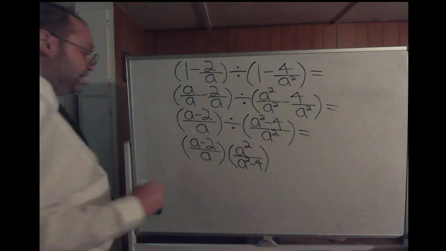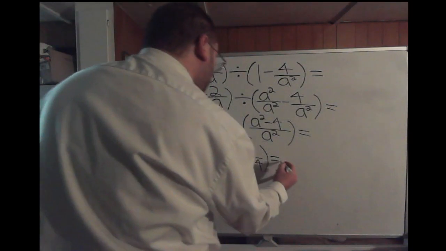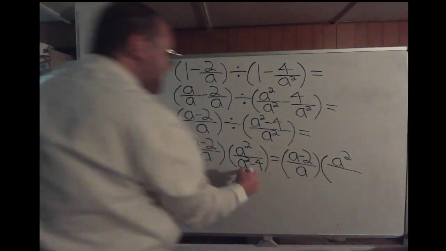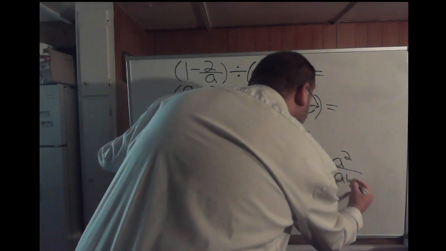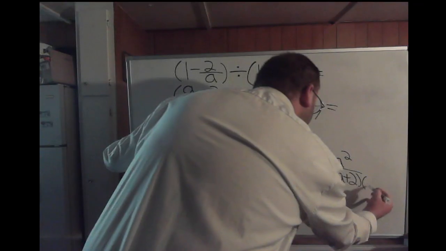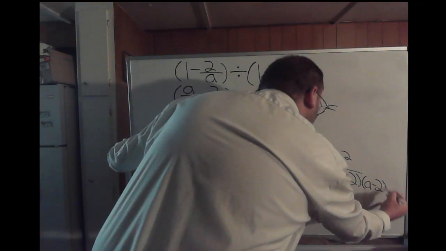Well, that a squared minus 4 definitely factors further. You'd end up having a minus 2 all over a times the quantity of a to the second all over the factorization of a squared minus 4. That would be a plus 2 times a minus 2.